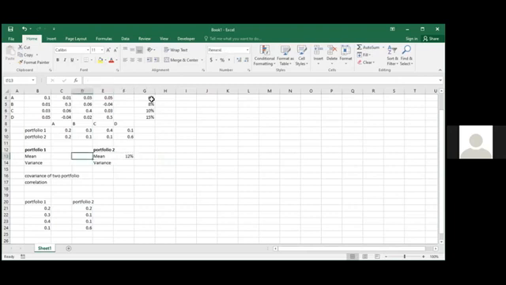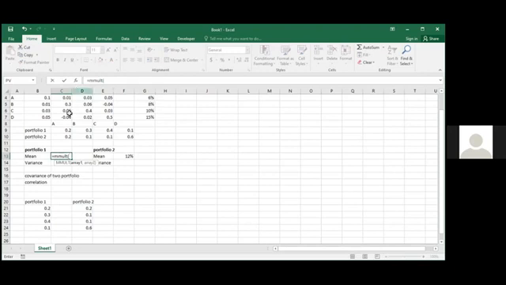However, for the mean value of portfolio 1, now enter the function here, MMULT, array 1.